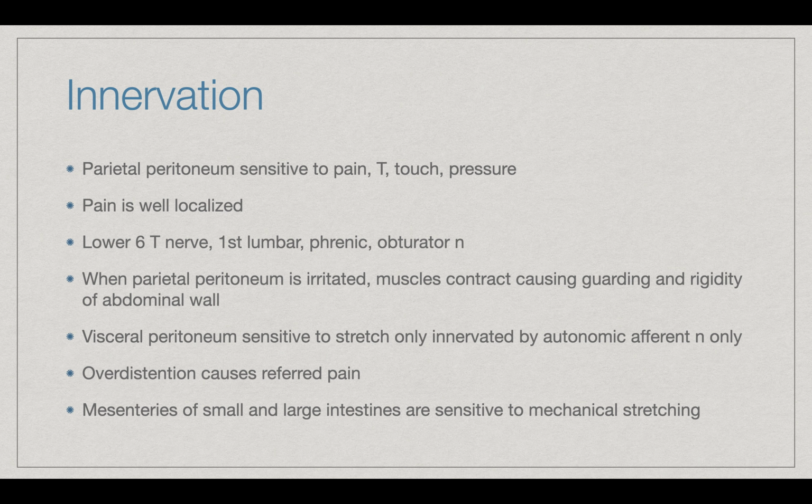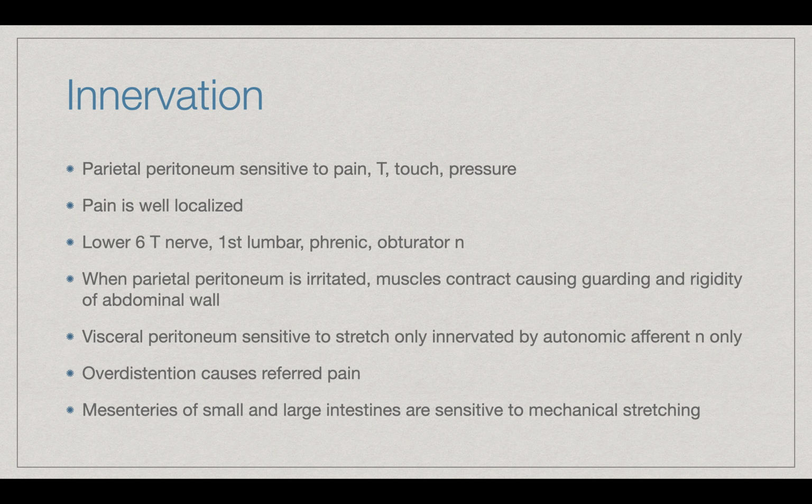So the parietal peritoneum is pretty sensitive to pain. It's very well localized, along with temperature, touch, and pressure. It's innervated by the lower 6 thoracic nerves, along with the first lumbar, and the phrenic and the obturator nerves, so well innervated.